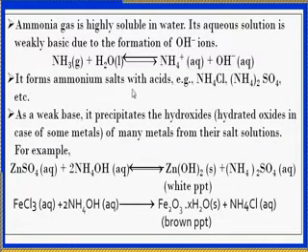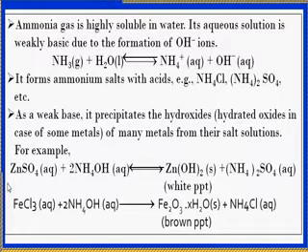It forms ammonium salts with acids. Example, NH4Cl and (NH4)2SO4 are examples of ammonium salts. As a weak base, it precipitates the hydroxides of many metals from their salt solutions, or you can say hydrated oxides in case of some metals.